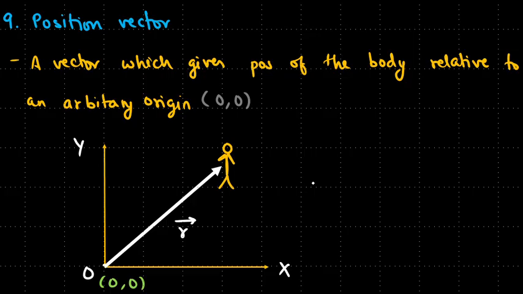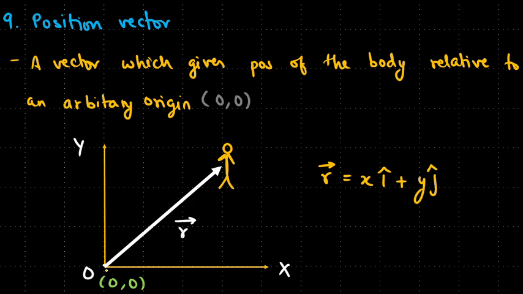But right now you will actually represent this vector r by writing it as x i cap, so it's moving x distance from here, and i cap gives the direction along the x-axis, plus y j cap. So you're moving a distance of y from here, and j cap gives you a sense of direction.